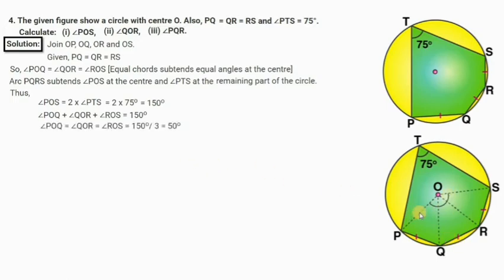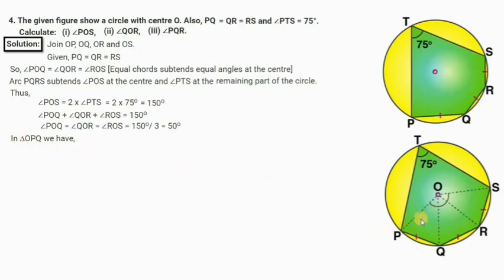Now since all of them are equal, the value of each will be 50 degrees. So 50 plus 50 plus 50 gives me 150. So we have found QOR also. QOR means this angle, so this angle is also 50 degrees.